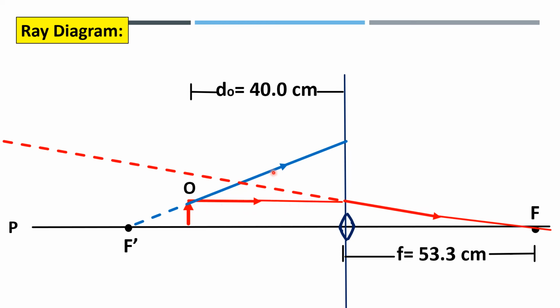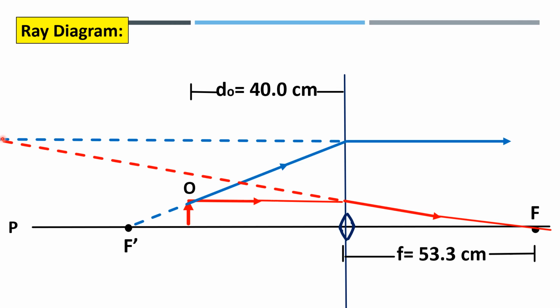When it hits the lens, this is what will happen to this incident ray. It will be refracted so that it becomes parallel to the principal axis. And when extended backward using broken lines, the blue broken line and the red broken line will meet or intersect at that point.